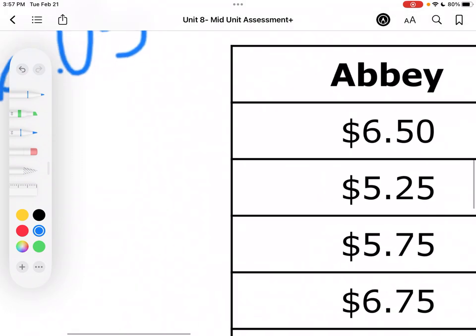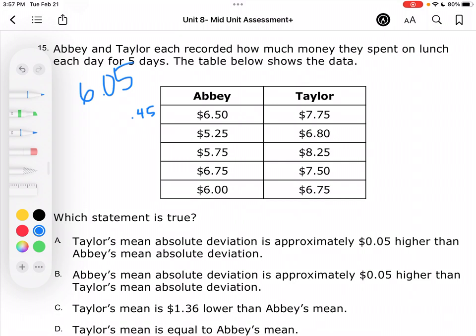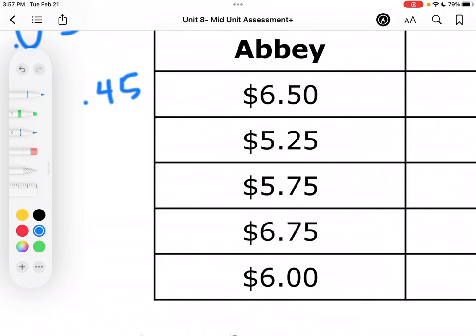So then we subtract each one, so it's 45 cents. But really, I should double check my mean. So 650 plus 525, because if I start subtracting first, then I'm going to get it wrong. Yeah, I was right. Okay, so then I'm going to subtract 605 minus 525. I get 80 cents. I get 20 cents.